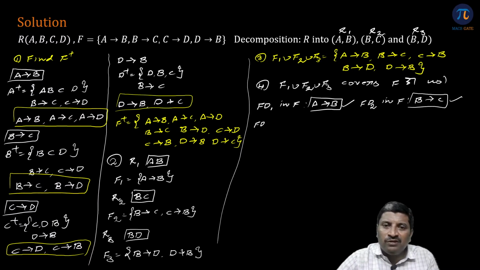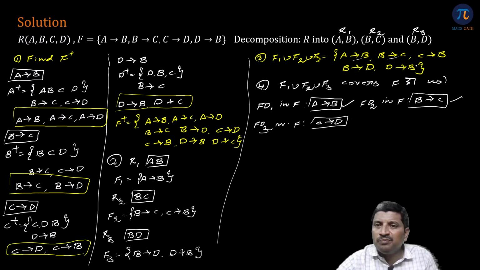What about the third one? A implies B is there, B implies C is there. What is the third one? C implies D. C implies D is not there.